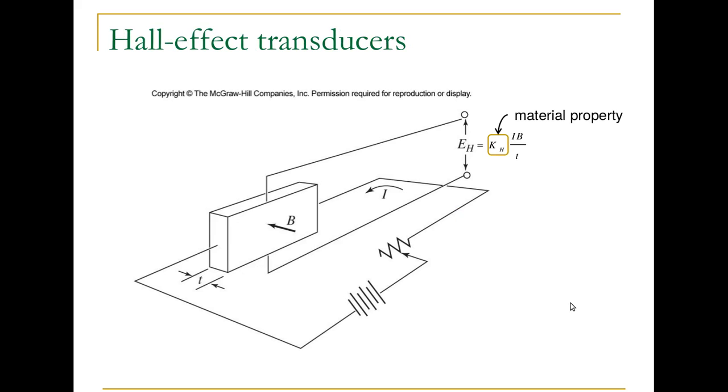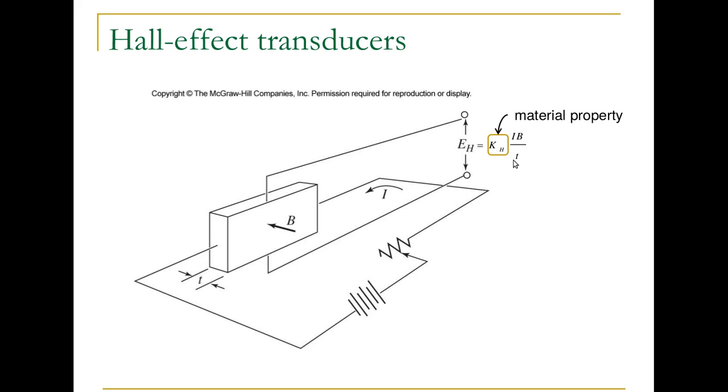A Hall effect transducer can be used to measure a magnetic field, and it's based on the property that a plate with a current I passing through it, when exposed to a magnetic field B, will have an electric potential E_H generated in a direction perpendicular to both I and B. And the magnitude of that electric potential is proportional to the current and the magnetic field, and inversely proportional to the thickness.